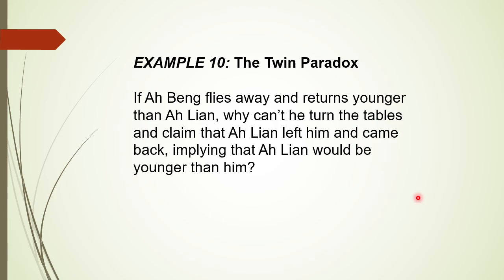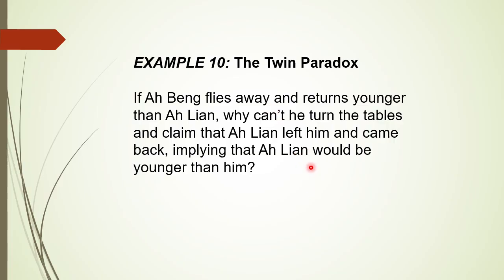Now let's take a look at the twin paradox. The twin paradox says that, from the brother's point of view, when he flies away, it is the Earth that's moving away from him at 0.8 c. So it is not him that is moving in the spaceship, but rather the Earth is moving relative to him. After all, there's no preferred frame of reference, right?